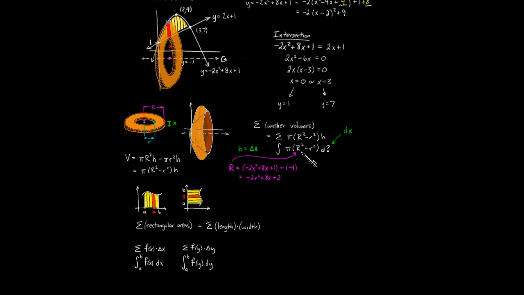So in this case they have to be in terms of x. Had we picked dy here, all of these things would have to be in terms of y. So not only do I want to find r as a difference of y coordinates, but I need to know what that difference is in terms of x's. That means I need to know what y is up here in terms of x, and what y is here in terms of x. Well, fortunately, we know what y is here in terms of x.